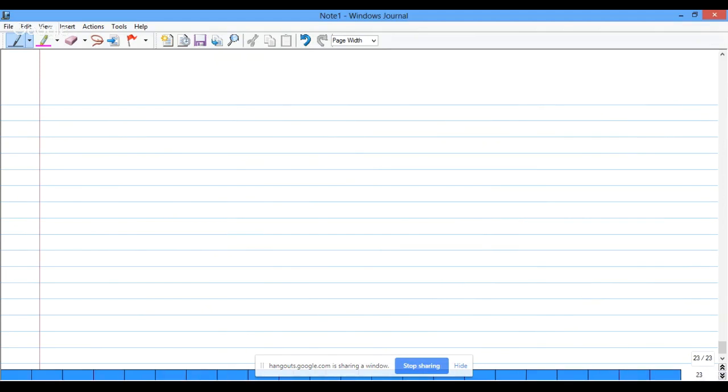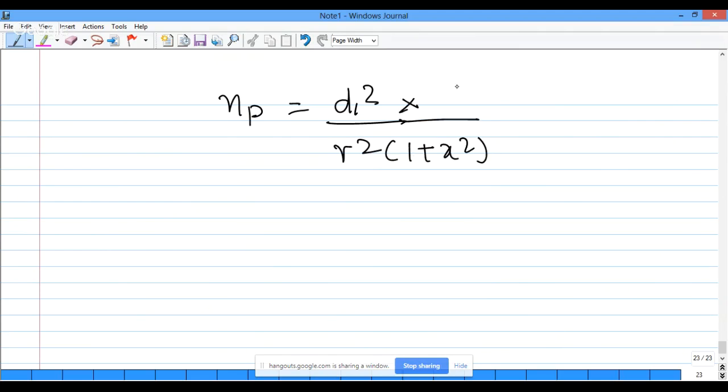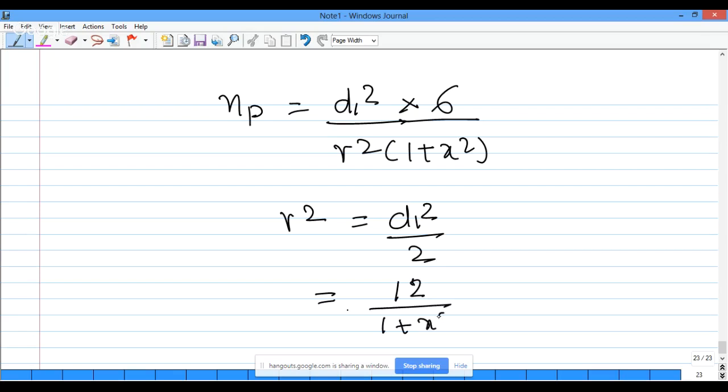So power efficiency that I can calculate is d1 squared by Eb, and Eb is r squared (1 plus x squared) times 6. Alright, and we have already obtained a relationship between d1 and r. So I have already said that r squared is d1 squared by 2, and thus I get power efficiency is 12 by (1 plus x squared).